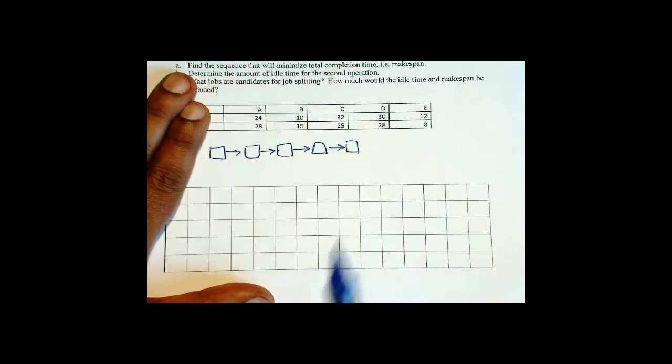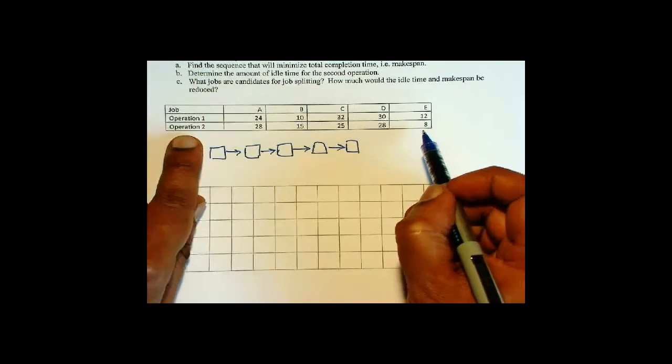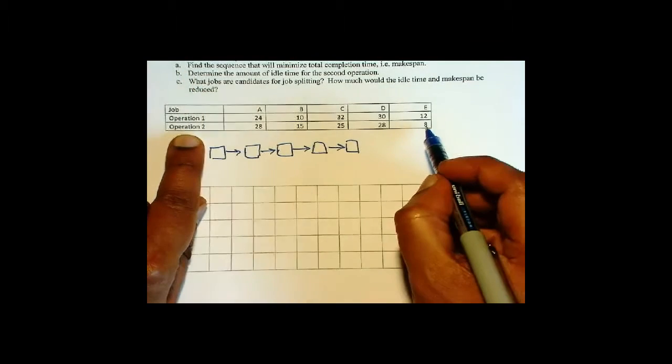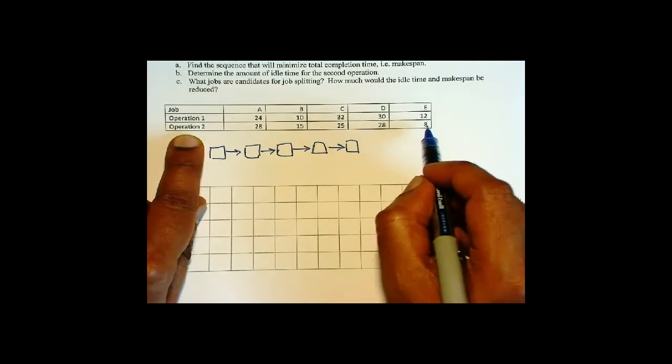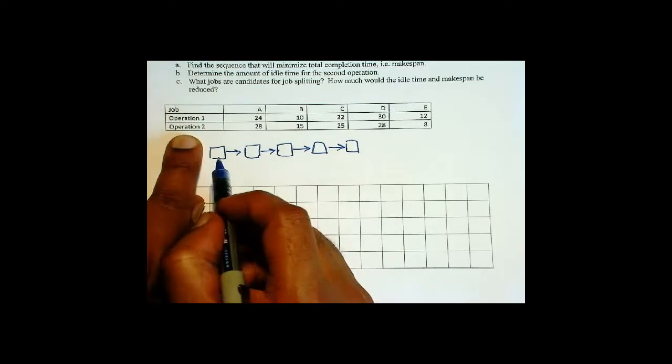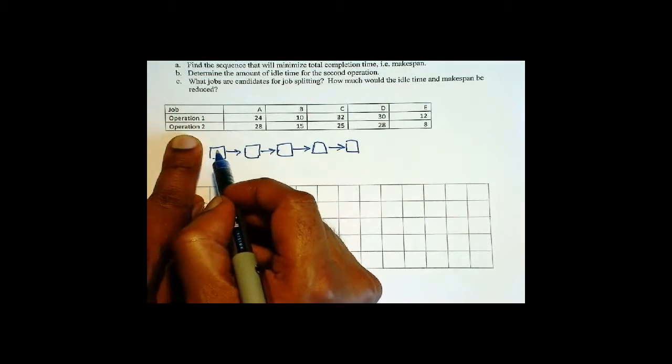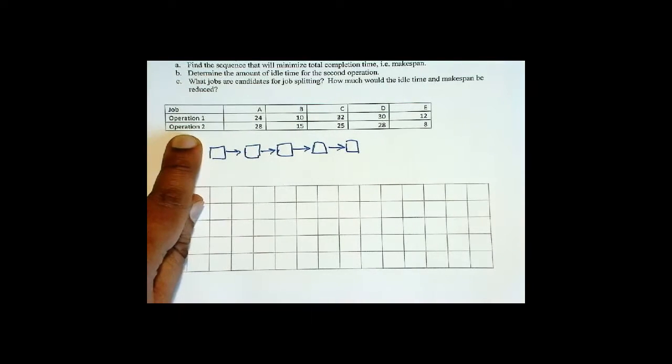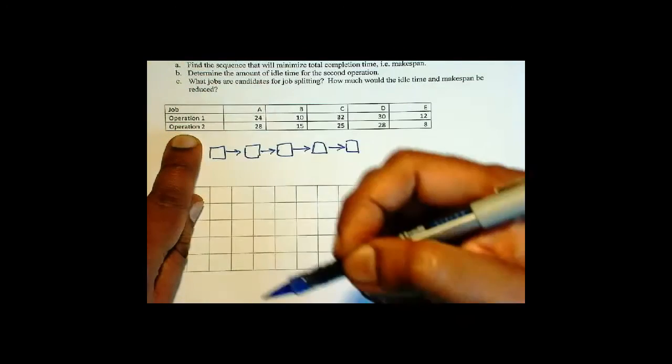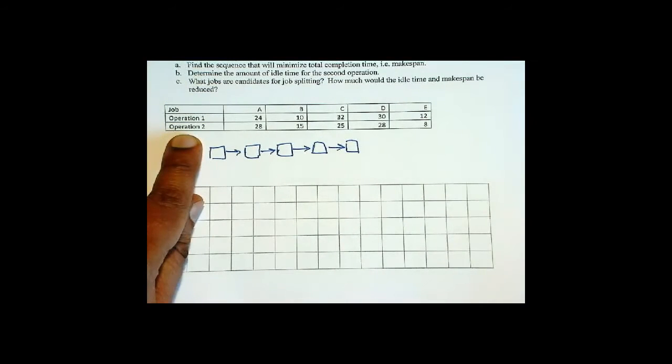So having selected E, now is the time to see which operation that selected number, the 8, belongs to. If the 8 belongs to the first operation, you would schedule the selected job in the earliest possible slot. If it is for the second operation, you would schedule it in the last possible slot.